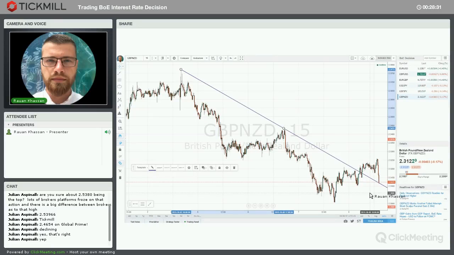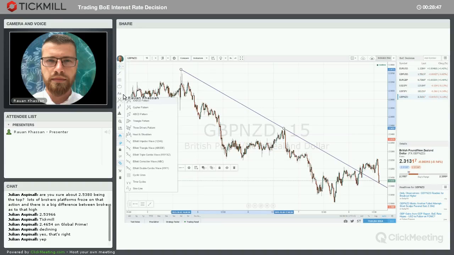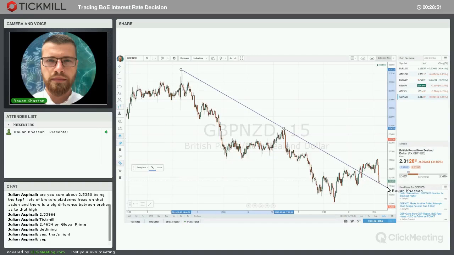It could appear so that this line is given two possible scenarios. One scenario is that the price will make, let me mark it with forecast.